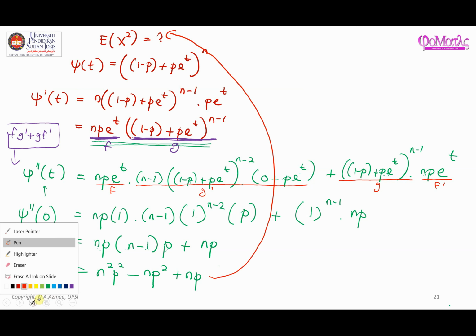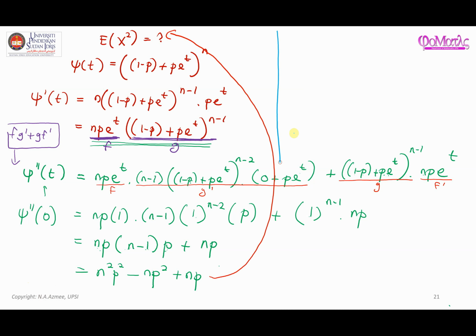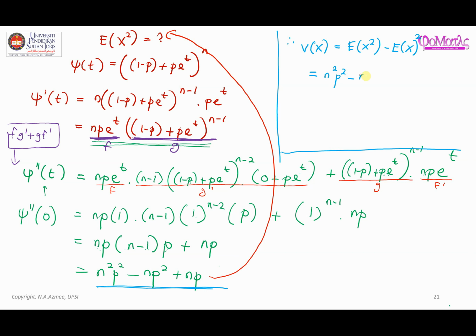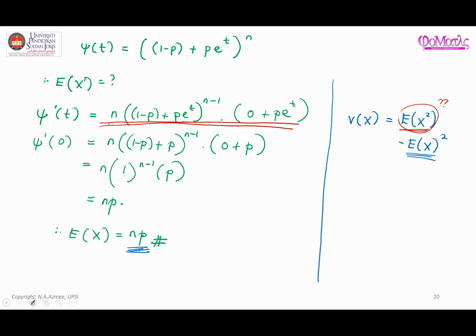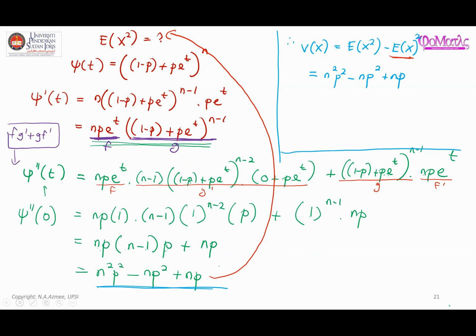Let me just use the space right here. Therefore, the variance of X is E(X squared) minus (E(X)) squared. What is E(X squared)? This guy: n^2 p^2 - np^2 + np. And E(X) is just np, so you square it, minus n^2 p^2.